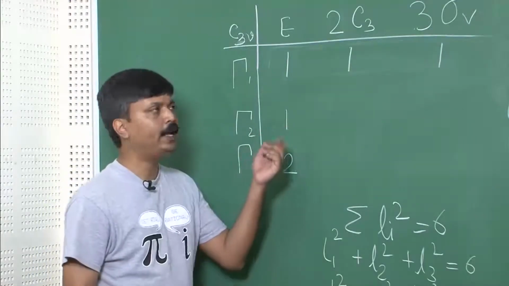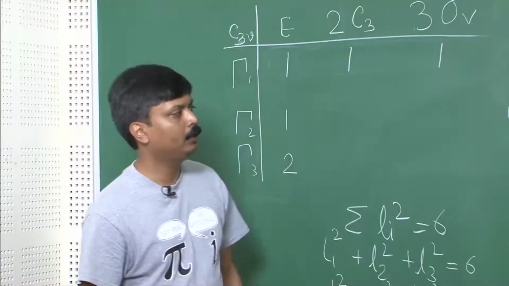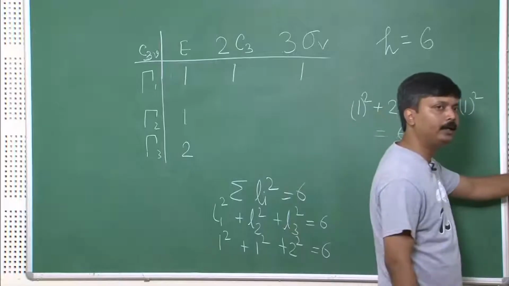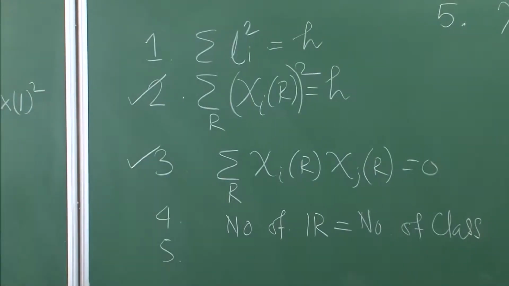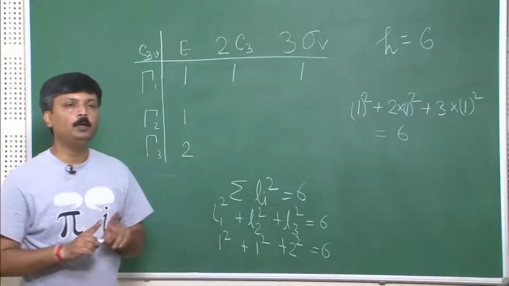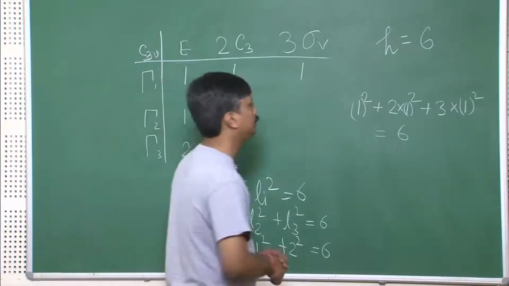In that case, if I have to satisfy condition 3 here, okay, any two irreducible representations of the point group will be orthogonal to each other. Okay, that is true for any two irreducible representations.